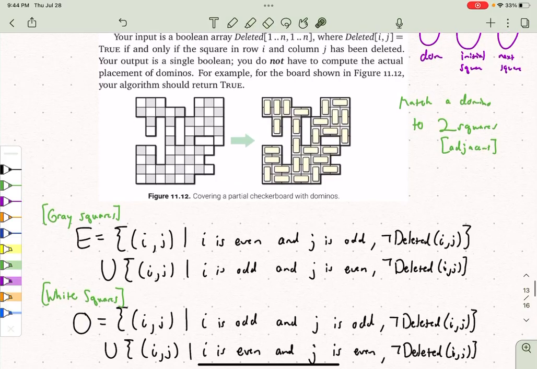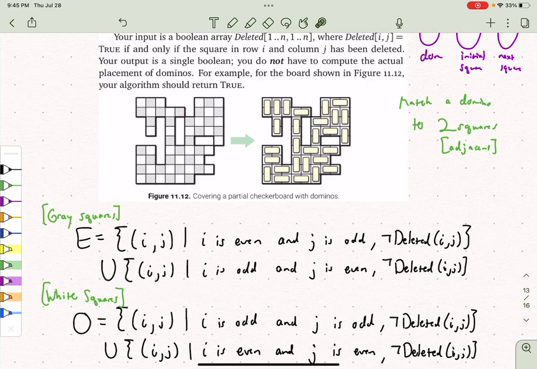One useful thing to do will be to partition the board into two parts, indicated in the picture. We have the white squares, which we will call O for the odd set. Basically, in the first row these are the odd squares, and each odd square is touching even squares. So then we have the even set, which ends up being the gray squares.